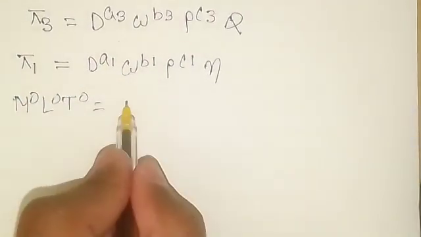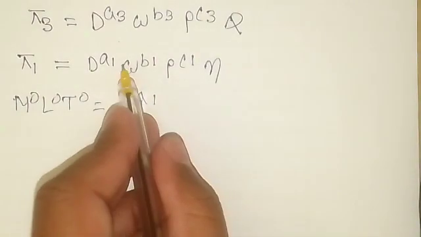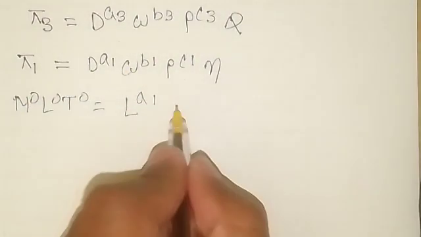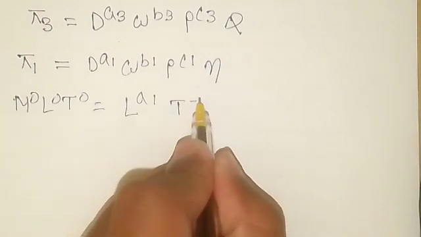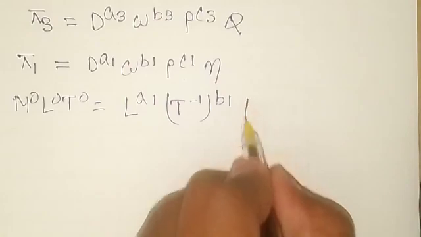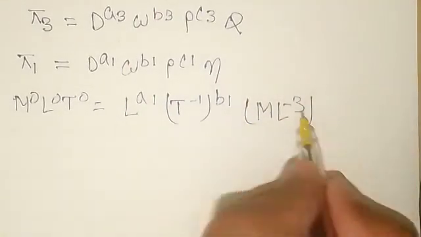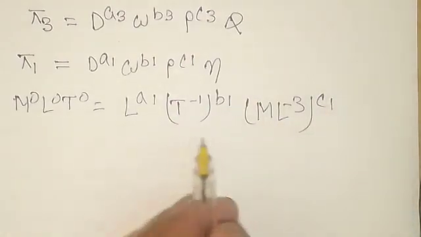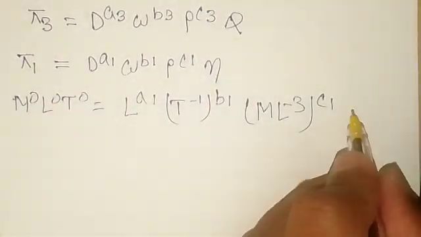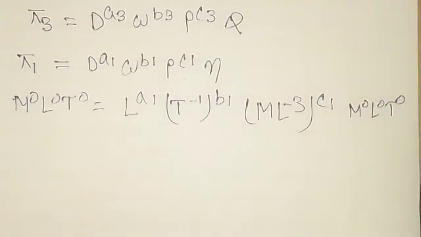D is the length, so it is L power a1, and omega is T minus 1, so T to the power of minus 1 to the b1. Rho is M L minus 3, as I told you, you should remember this dimensions formula, right? So this is to the power c1, and this eta is the efficiency, that is output by input, so it is also a constant, M power 0, L power 0 and T power 0.